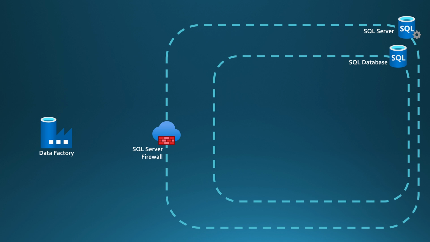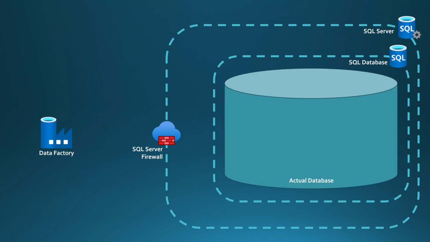Inside that SQL database resource in Azure, we have the actual database itself. And in that database, we have some database tables that we would like to write some data into, or maybe in some cases read data from those tables.